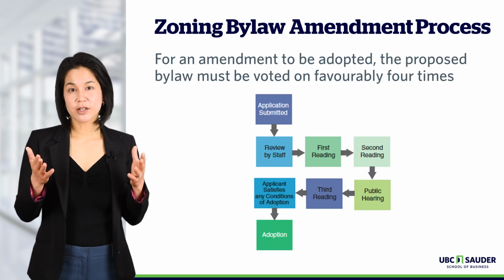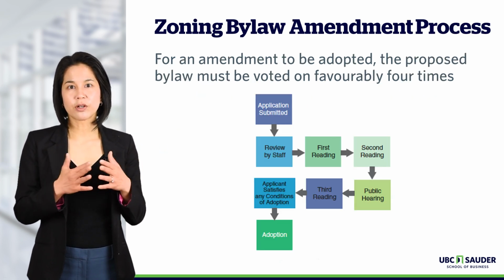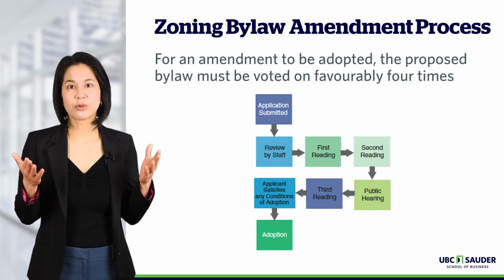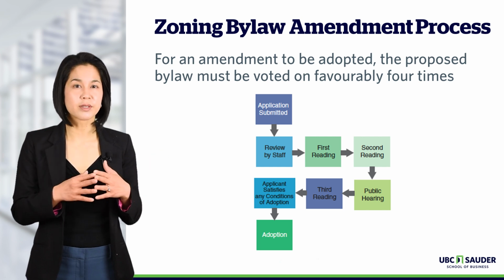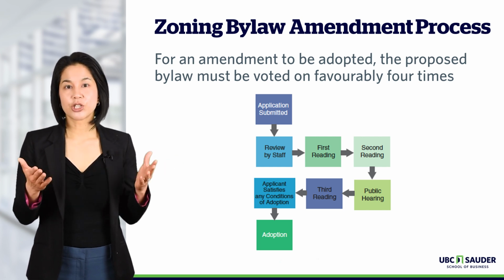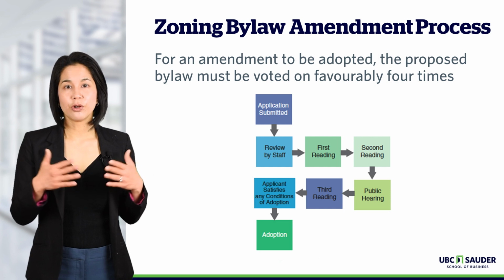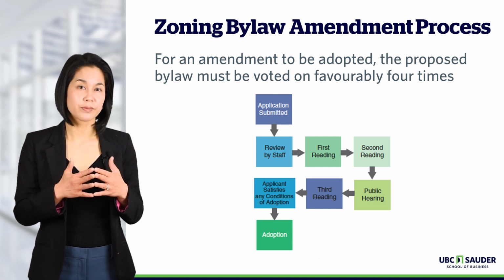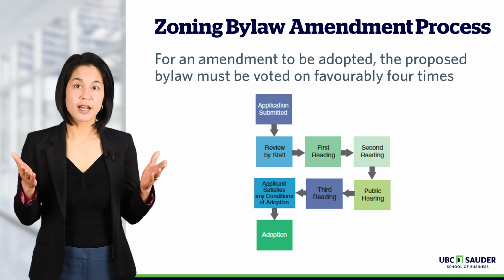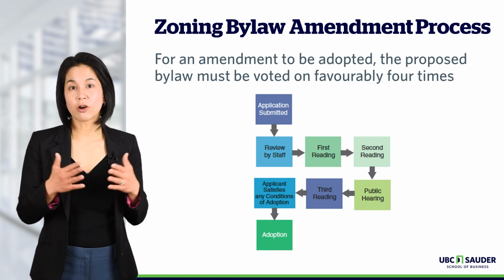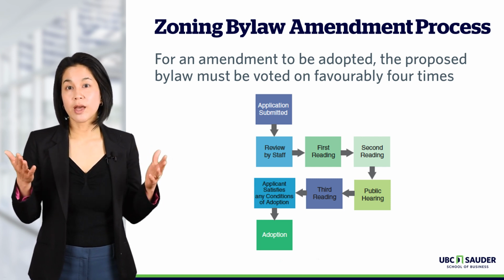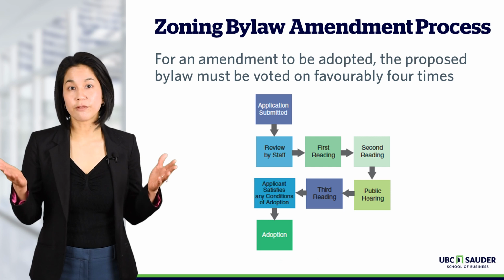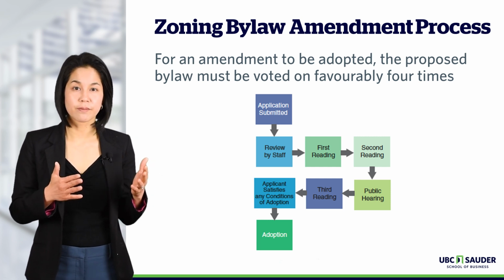In order to be passed, the proposed bylaw must be voted on favorably by the municipal council or regional district board 4 times. First, the application is reviewed by a staff member who performs a preliminary assessment on the viability of the proposal. Second, the staff member will then prepare a report that comments on the proposed rezoning and will submit it to the council or board for a first reading or first vote.